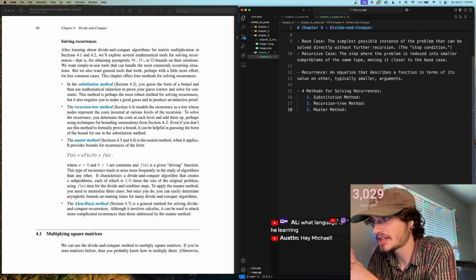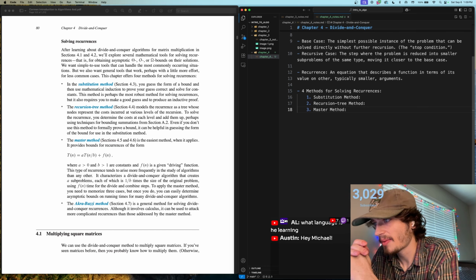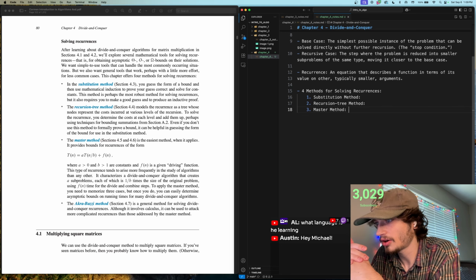This type of recurrence tends to arise more frequently in the study of algorithms than any other. It characterizes a divide and conquer algorithm that creates a subproblems, each of which is 1/b times the size of the original problem, using f(n) time for the divide and combine steps. To apply the master method, you need to memorize 3 cases, but once you do, you can easily determine the asymptotic bounds on running times for many divide and conquer algorithms.